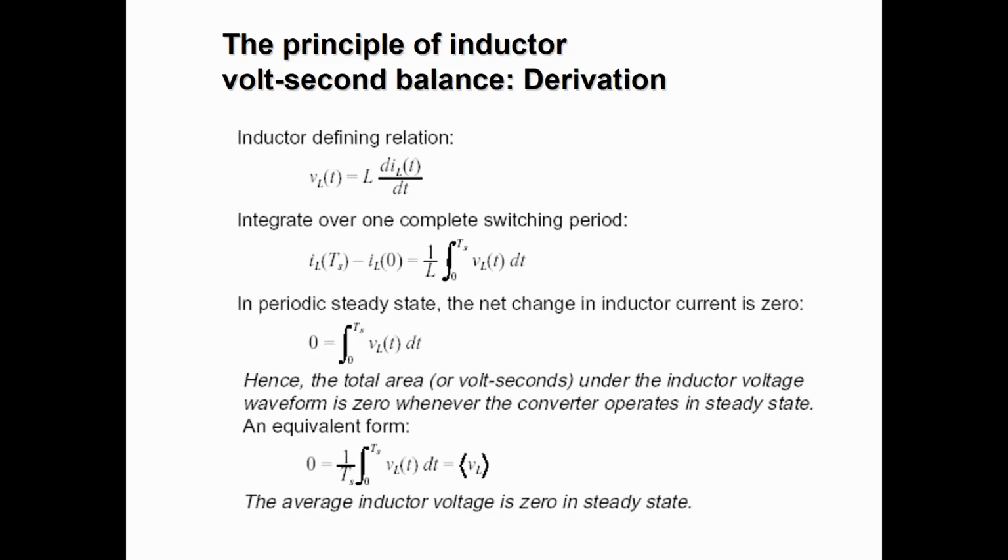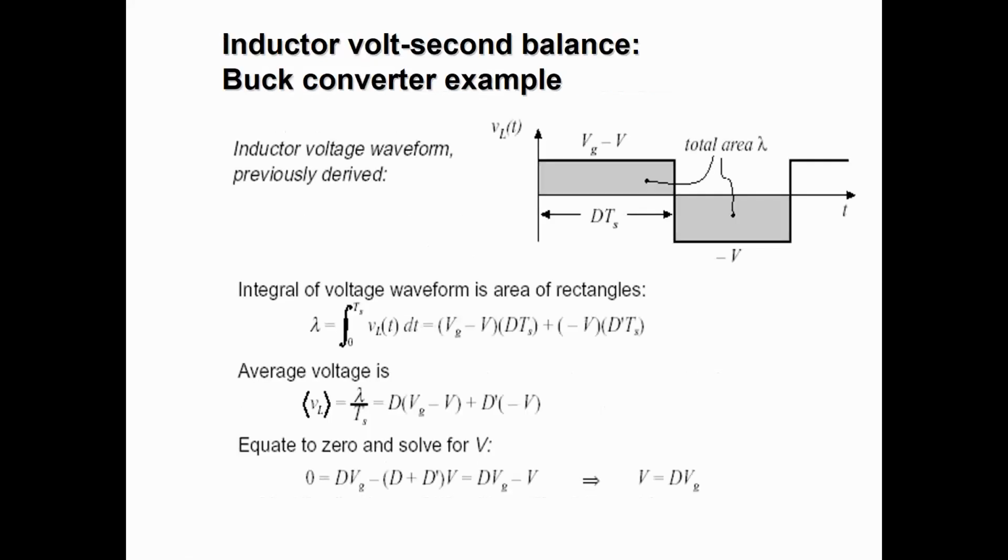Or we can also say that the total area under the inductor voltage waveform is zero whenever the converter operates in steady state. So when the converter operates in steady state, the net change in the inductor current will be zero. So we can apply this condition to the position 1 and position 2 equations.